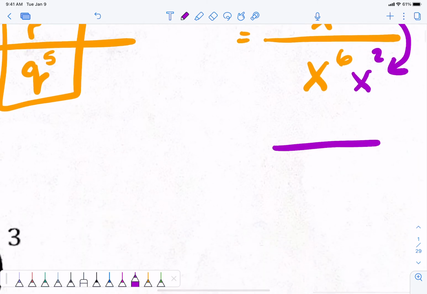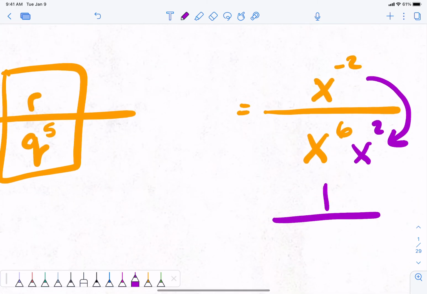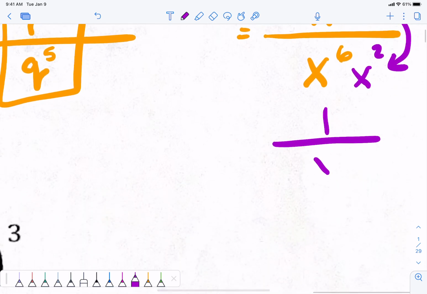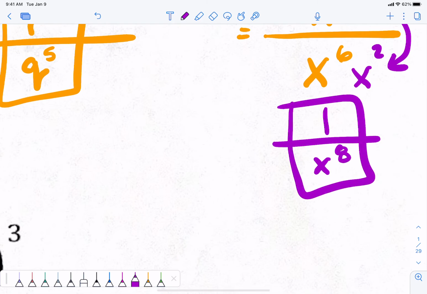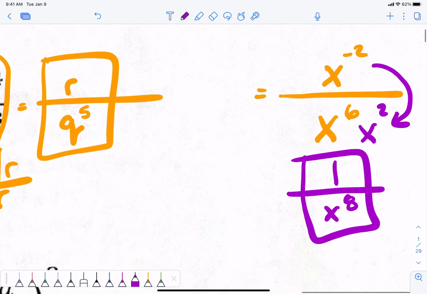What's left on the top? 1, right? We leave 1. And then how many x's do I have on the bottom? Is it 8 or 12? 8, right? Because we're adding exponents. I just made that example up. So if you have negative exponents, you take care of the negative exponents first. You move them and then you combine, right? Happy with that? This gets a little hairy when they start to combine rules.